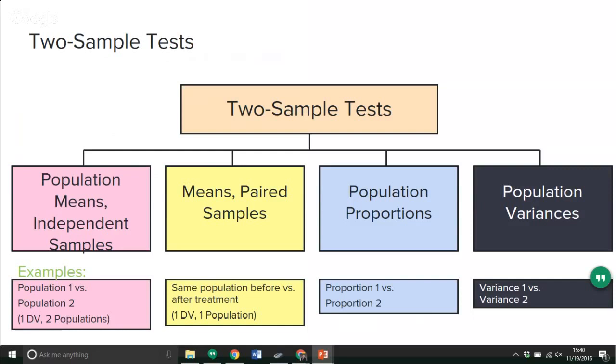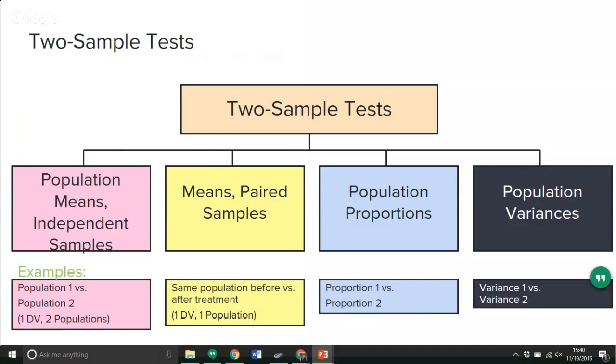What is the difference? In an independent sample t-test, we are dealing with two different populations. So I mentioned Amazon. Amazon has one population that sees format A and one population that sees format B. The dependent variable we said was conversion rate.